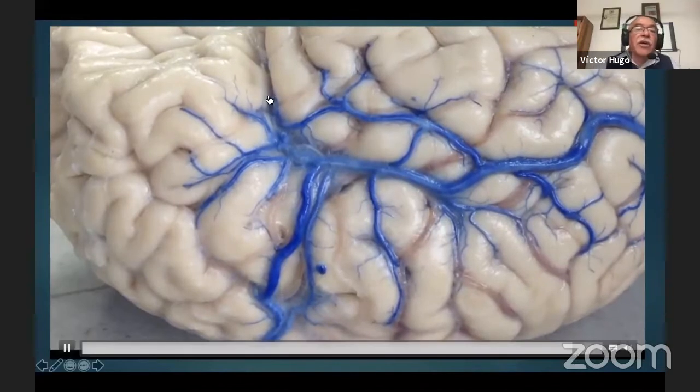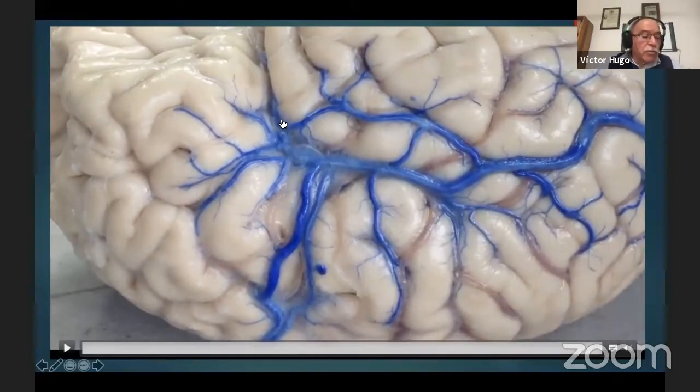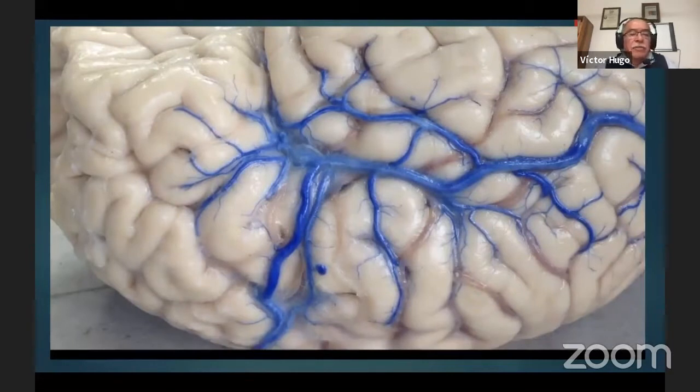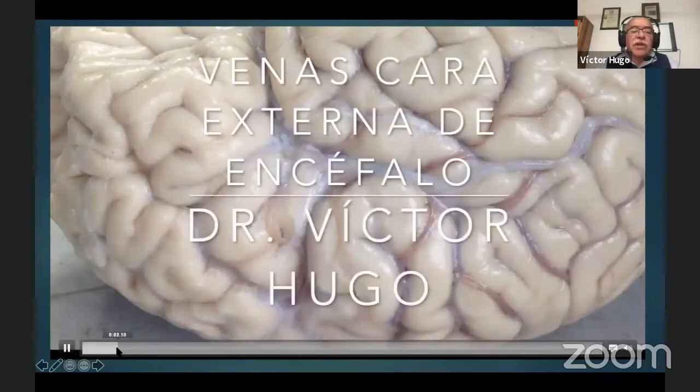This is the sylvian vein, also known as the superficial middle cerebral vein. This is the vein of Labbé and the vein of Trolard. As you can see, we have a rich anastomosis in this lateral aspect of the brain.